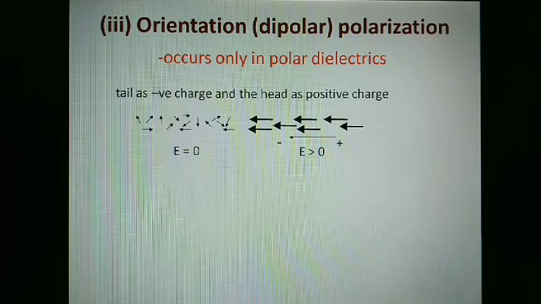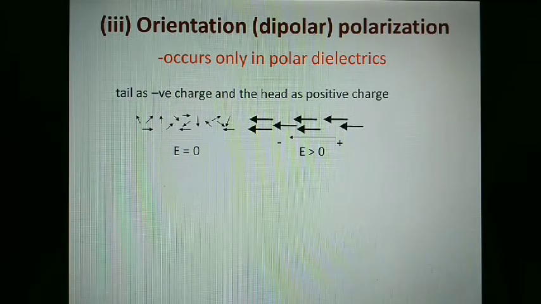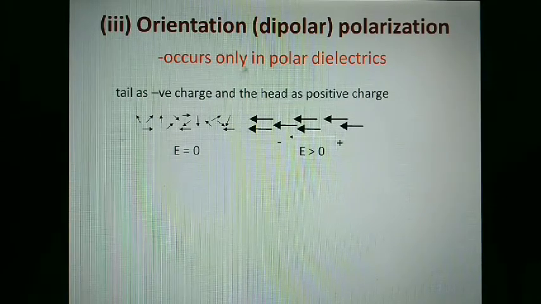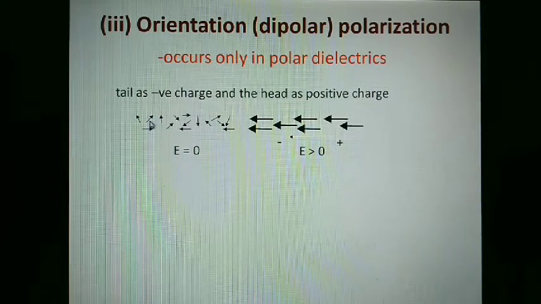As I was saying about polar dielectrics earlier, the dipoles are randomly oriented because of thermal agitation in the absence of an electric field. Here the arrow marks represent the dipoles.